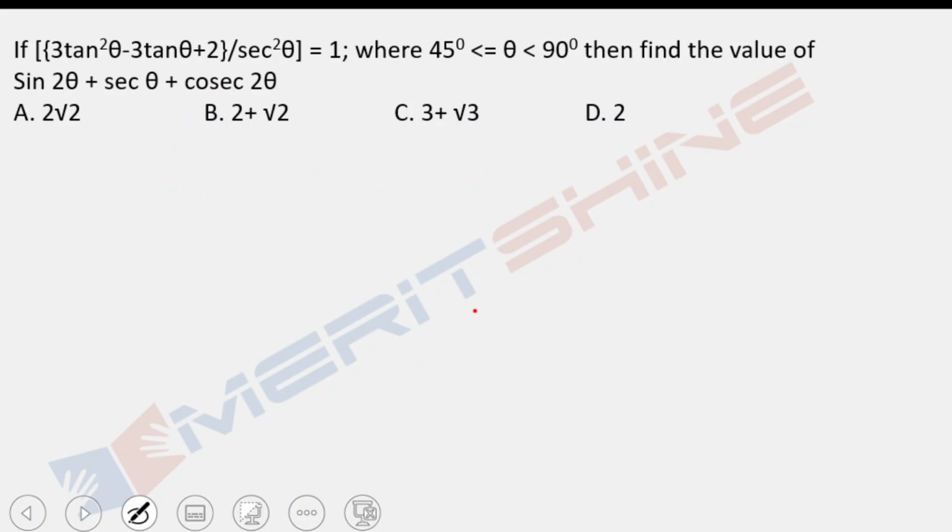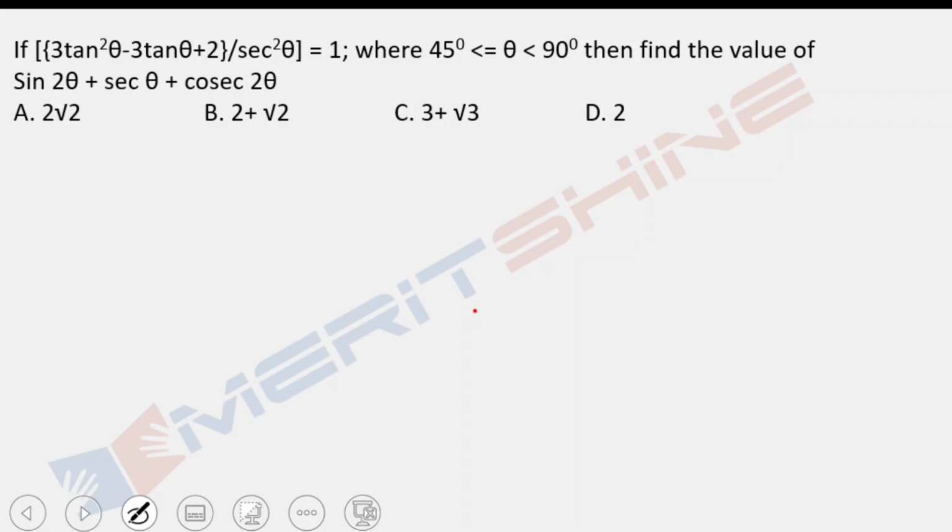Now, one thing you should remember is that the basic values of sin and cos theta have to be remembered. For example, sin 0 is equal to 0, sin 30 is equal to half, sin 60 root 3 by 2, sin 90 1. Similarly, cos 0 1, cos 30 root 3 by 2, cos 60 half, cos 90 then 0, right?